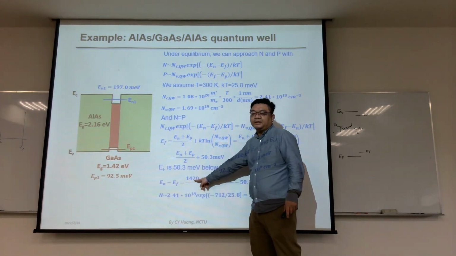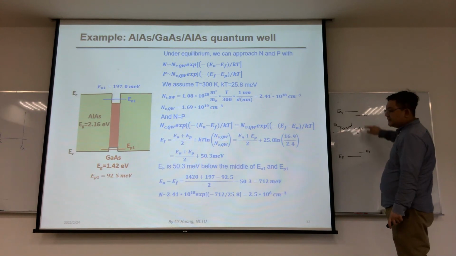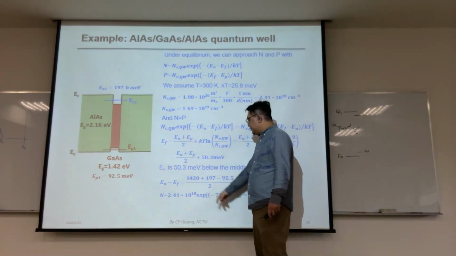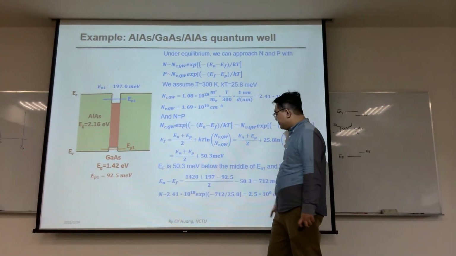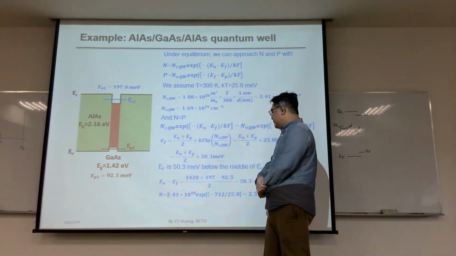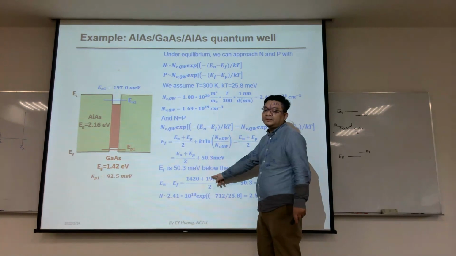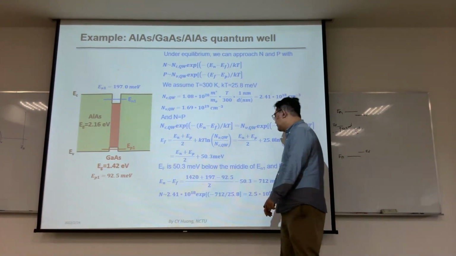So this is 1.42, the band gap of the gallium arsenide. And plus 190 is the band gap from the EN1 to the EC. And this is the band gap of the E to EV.